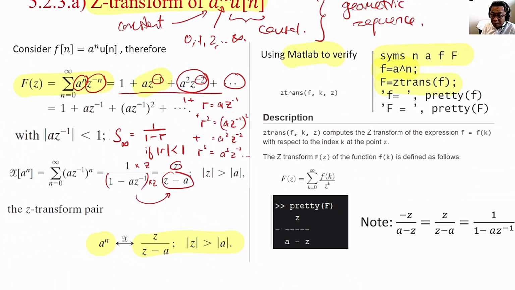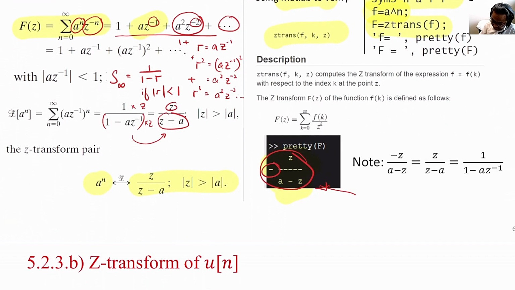MATLAB will use the unilateral Z transform, and the Z transform of f will give us this value: z over a minus z, and there is a negative in front. So please check for yourself that the negative sign can be brought inside, and we'll get z over z minus a as well.